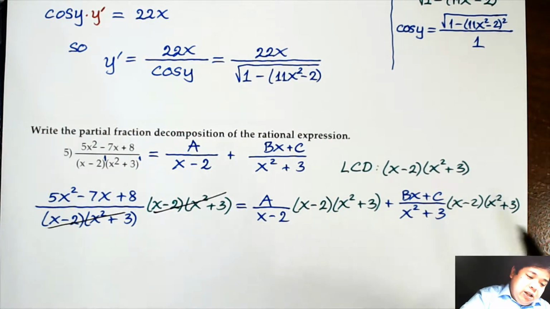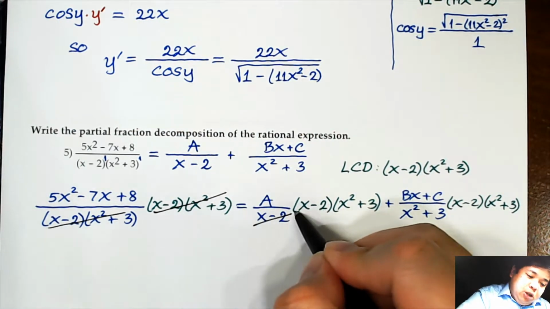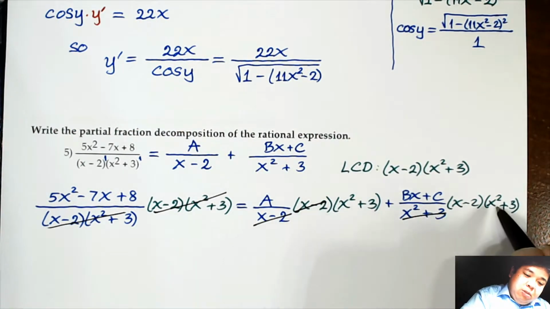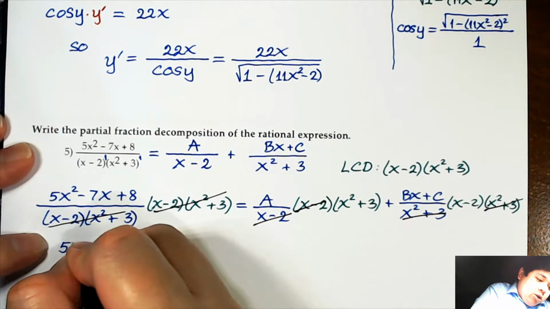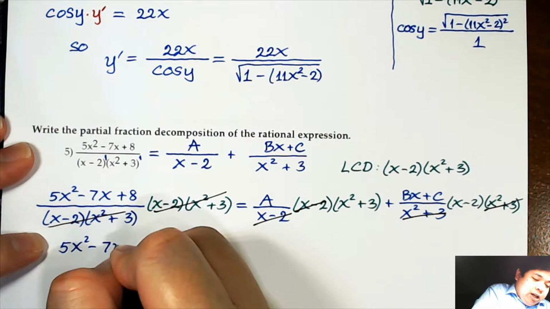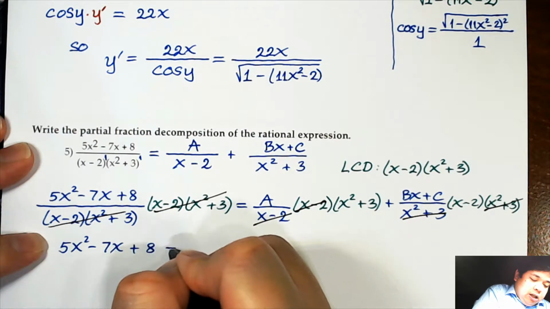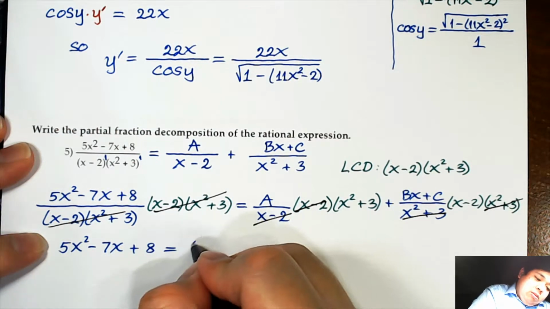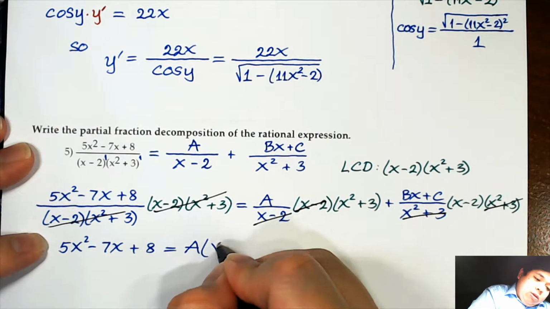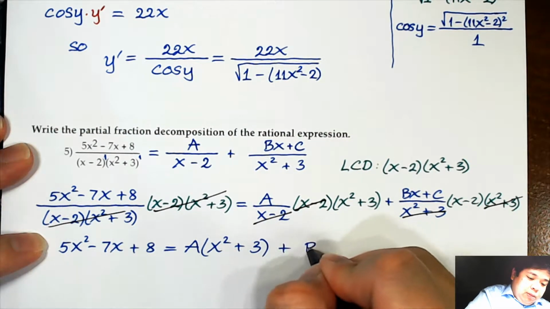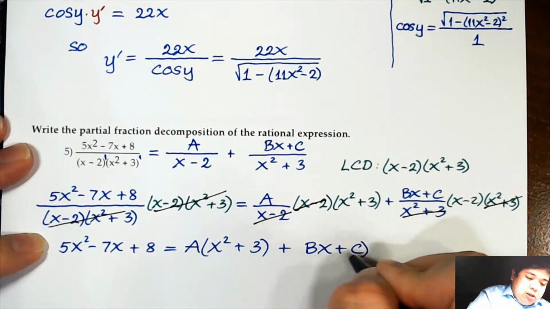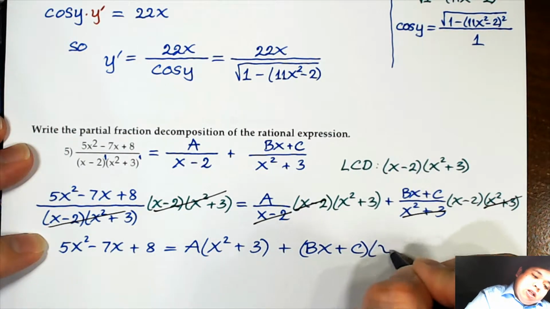Everything cancels here. The x minus 2 cancels out. X squared plus 3 cancels out. So we are left with 5x squared minus 7x plus 8 equal to a times x squared plus 3 plus bx plus c times x minus 2.